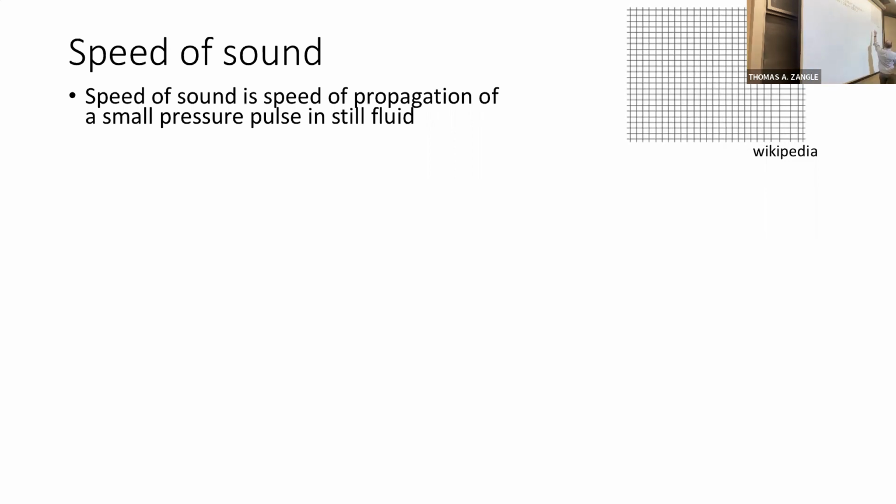Here it's represented by a small compressing and stretching of that grid as it moves through. So as I'm talking to you, or you're listening in on the video, what you're actually hearing are sound waves, compressions and rarefactions within the air.